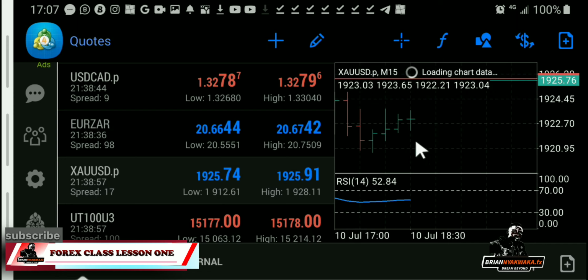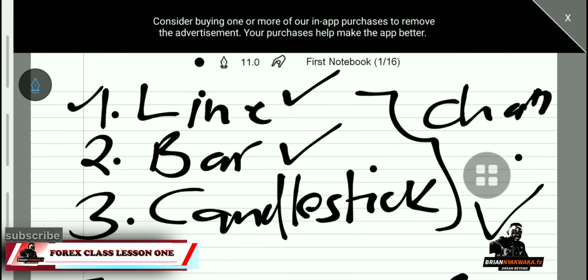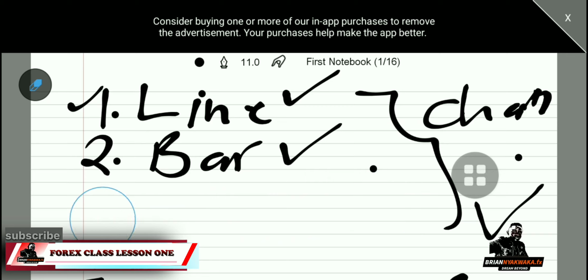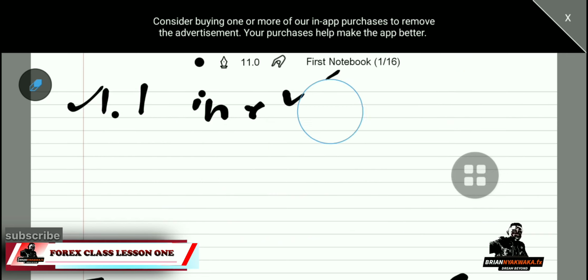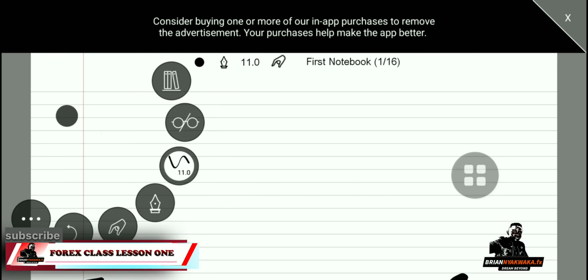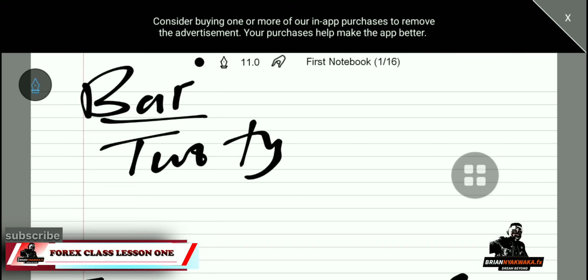We have two types of bars, not bar chart, but bars. Sorry. So we are at bar chart. So a bar chart looks like this. We have two types of bars.